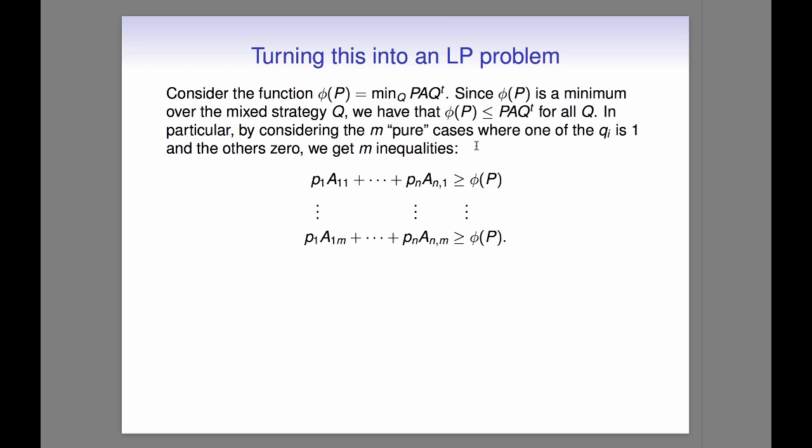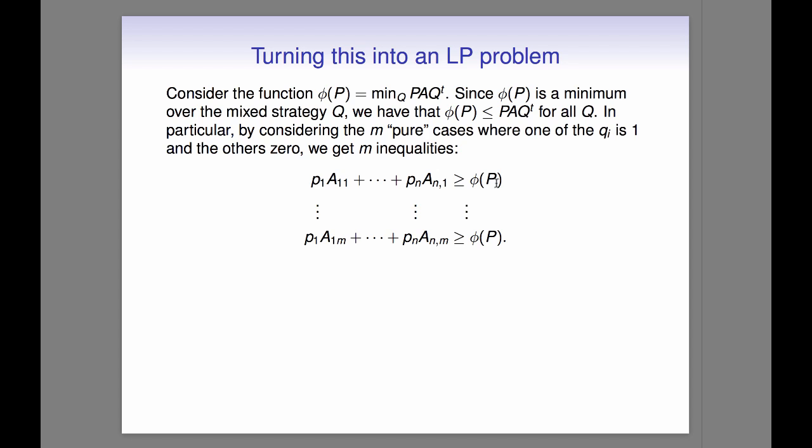Now the pure states are the states where you just play one particular move every time. So one move has probability 1 and all the other possible moves have probability 0. And if you substitute in the different possible pure states for q, you'll get M inequalities.